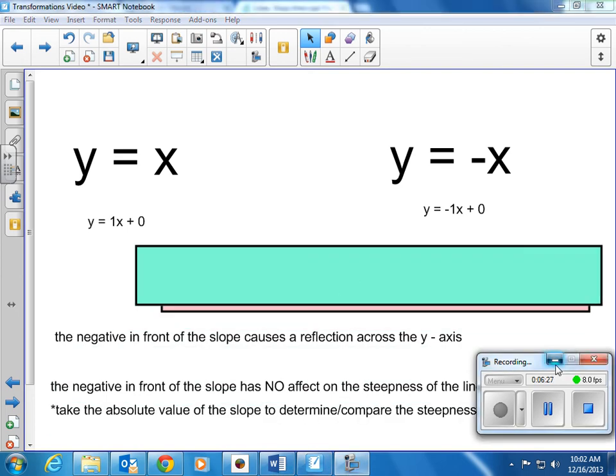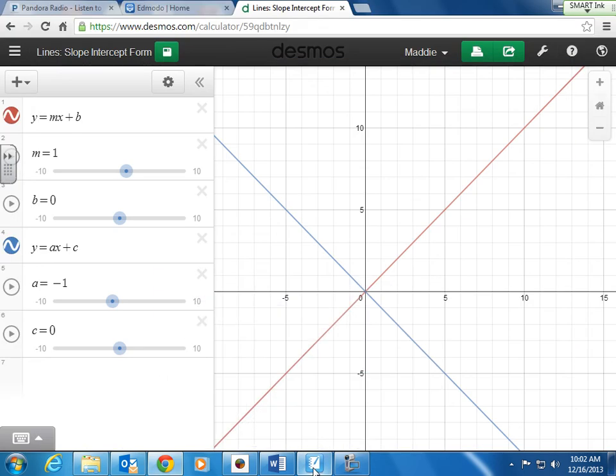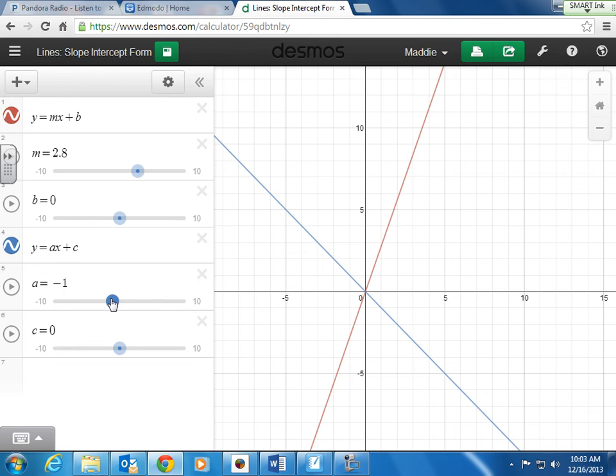That the negative in front of the slope has no effect on the steepness of the line. So if I have a slope of 2.8, notice that my slope of negative 2.8 is going to be the exact same steepness. Those lines are the same steepness.